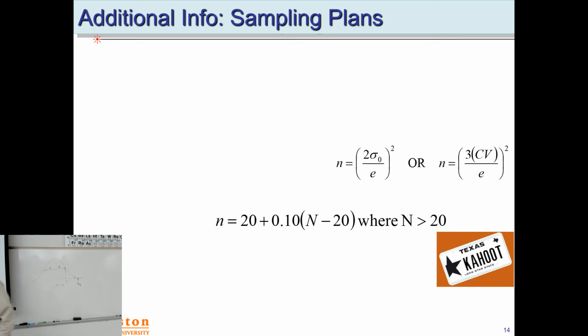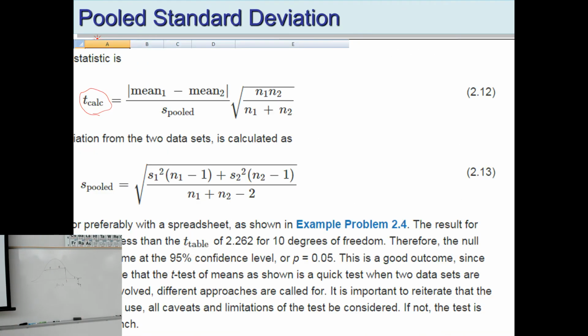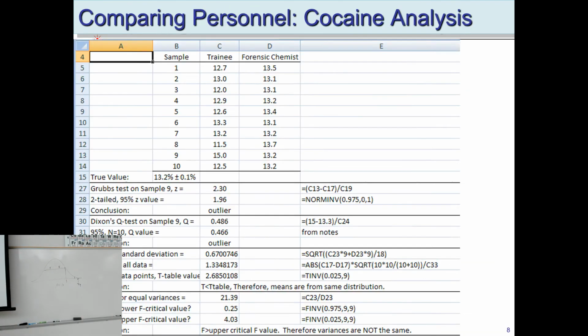So let's go back and look at our data points in this table. We calculated the Grubbs test on sample number 9, and it came out to 2.3. For 95% confidence, our value was 1.96.